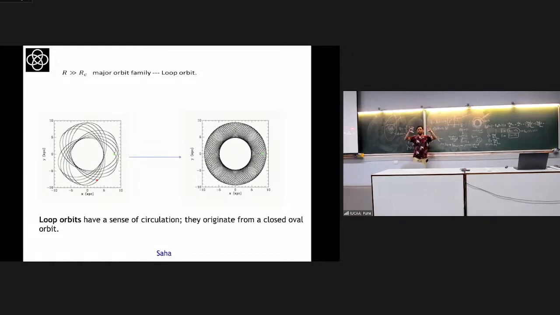Q is like the flattening. It's not a circle. Q equal to 1 is a circle, where x square plus y square is r square. But q less than 1 is an oblate object. So there is a configuration. We do not know what the dark matter halo is.